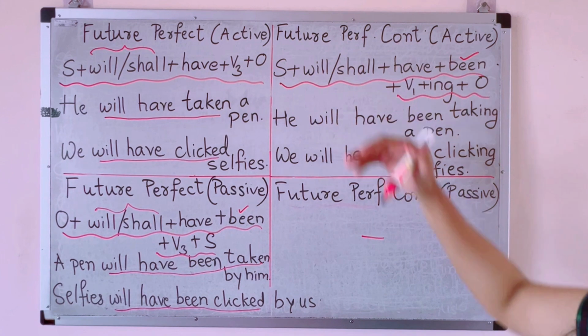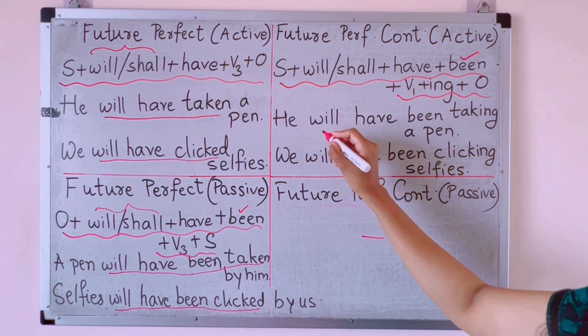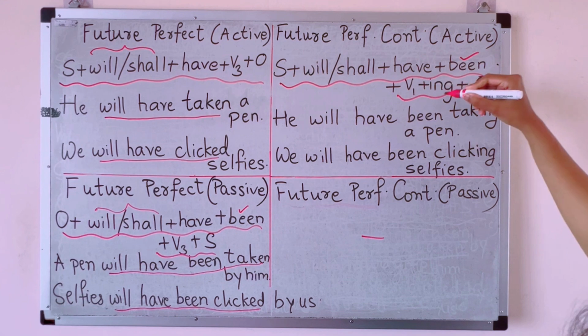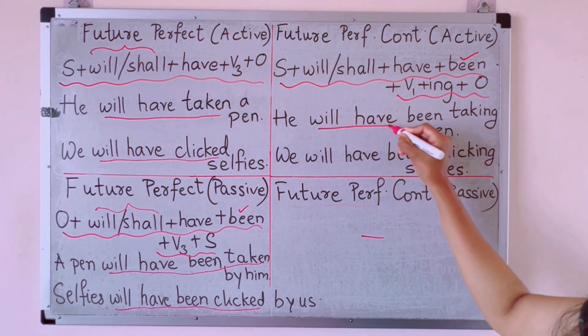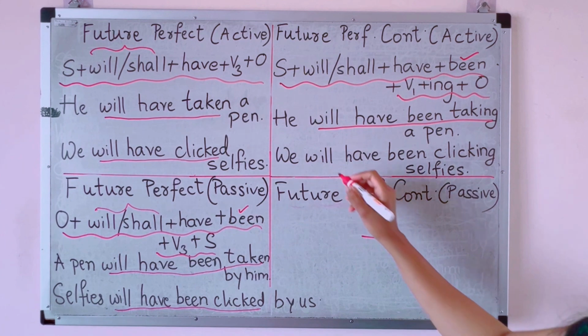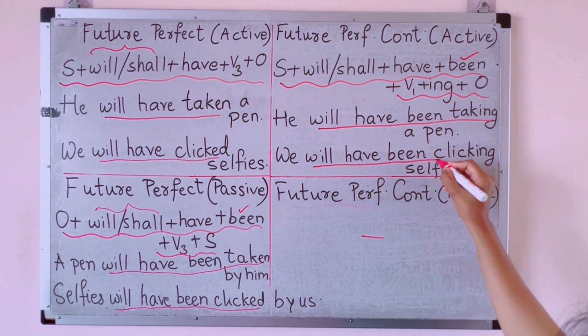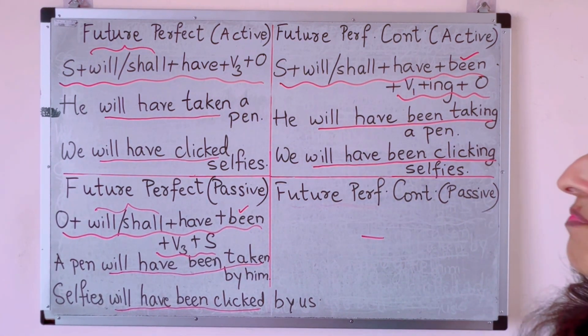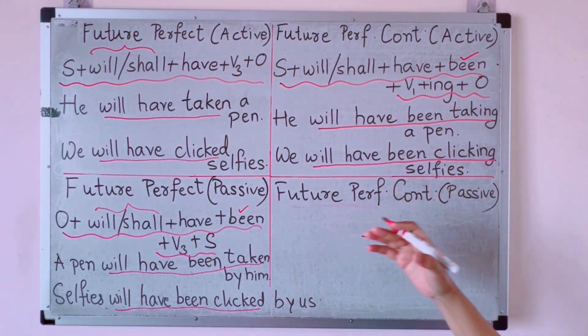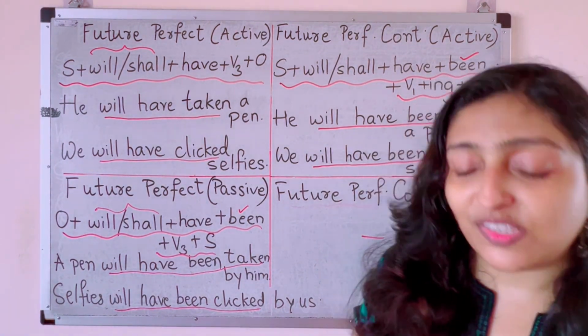So let's apply the formula. He will have been taking a pen. And the second example is we will have been clicking selfies. And we do not have any passive form for future perfect continuous tense.